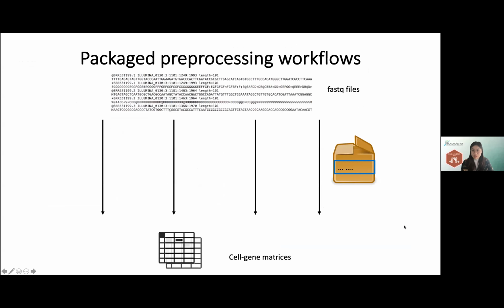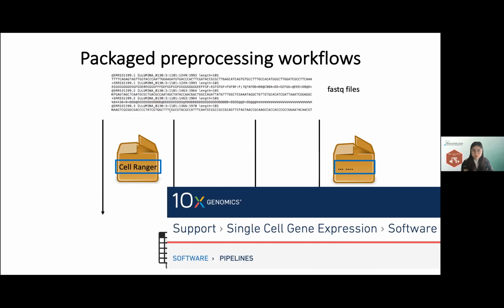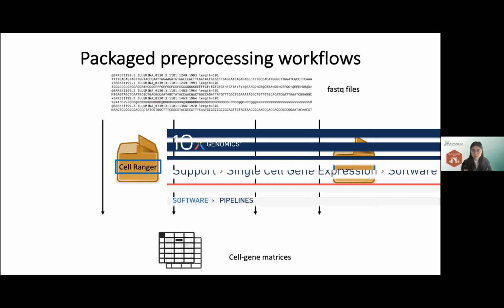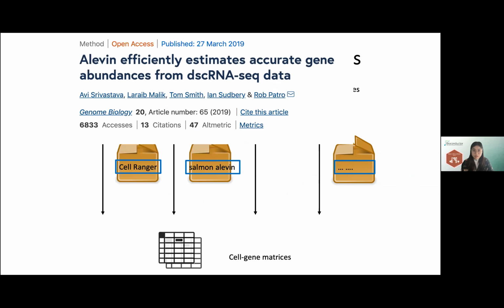So we know that there are many steps involved in preprocessing, and to make it more convenient for users, there are many packaged preprocessing workflows. For example, CellRanger, which is a very popular workflow developed by 10x Genomics, and Alevin, which is a tool developed based on the Salmon alignment-free tool.